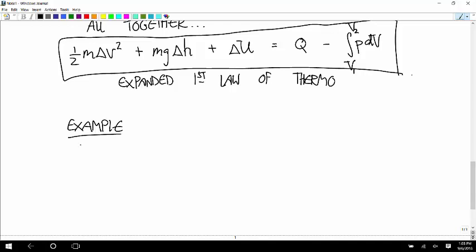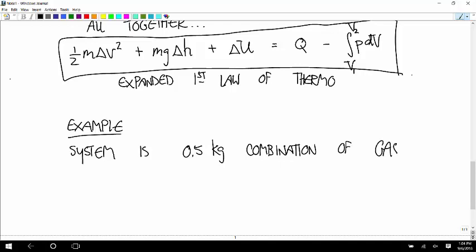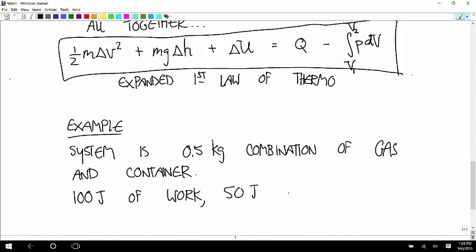So let's say our system is a 0.5 kilogram combination of a gas and its container, whatever that is. 100 joules of work and 50 joules of heat are both added to the system.